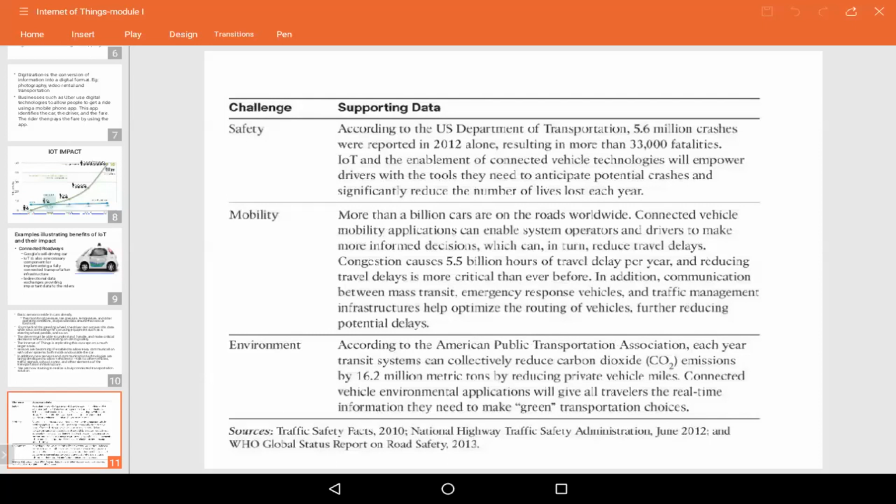In this connected car, what are all the things being embedded? First one, in the connected car, we have a wireless router. What is this wireless router used for?